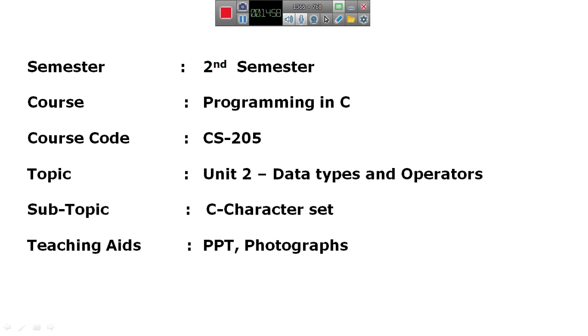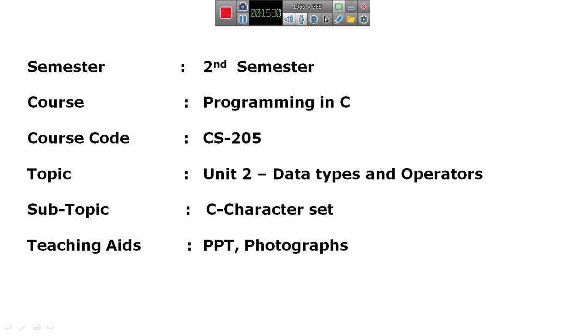In this chapter, we are going to see the variables, data types and operators, all these things, and we'll see some programs on these topics.